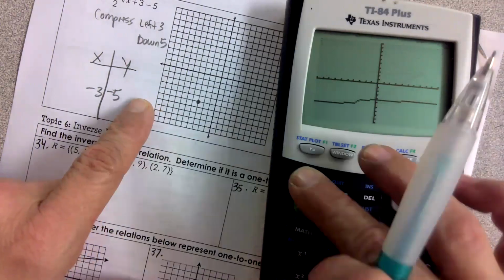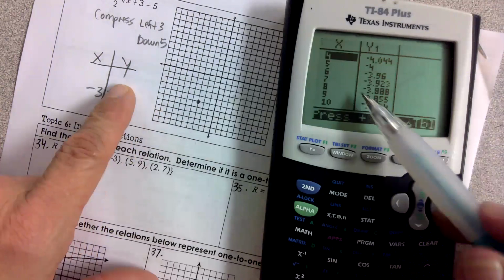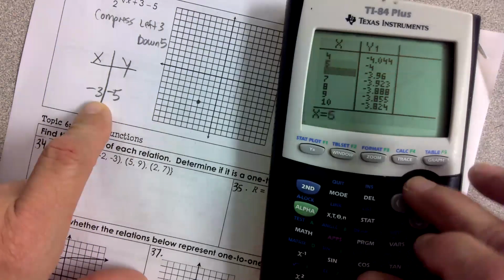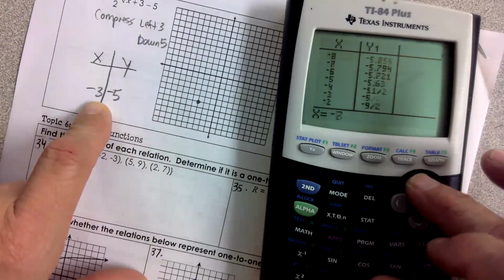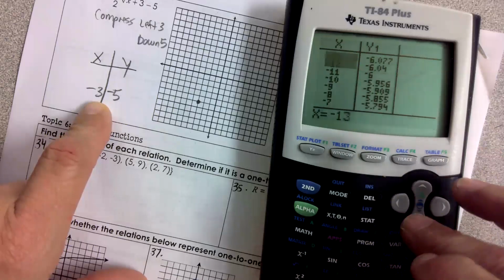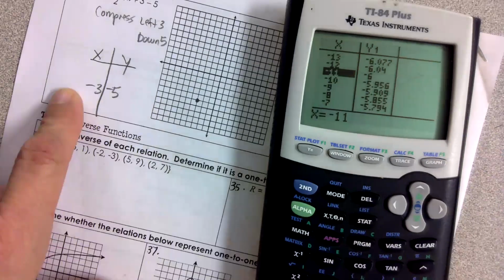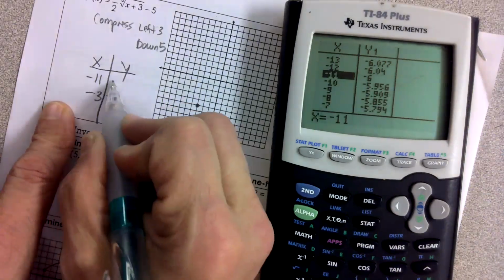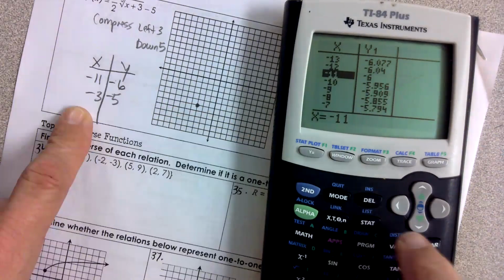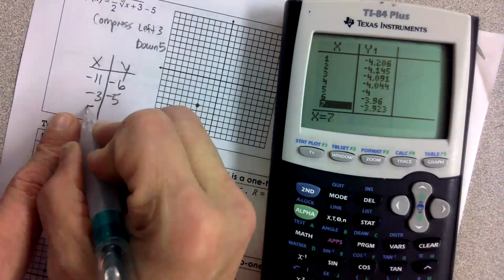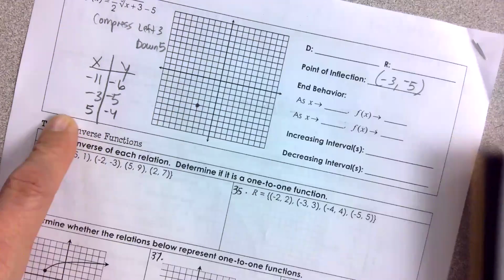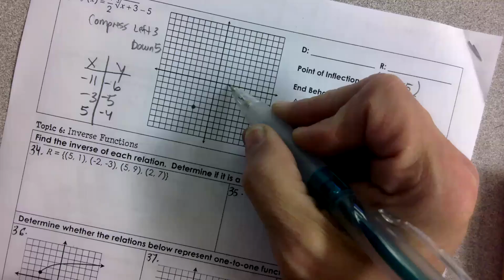All right, and then the table would be -3, -5, and then -11, -6, and then 5, -4. Okay, so 5, -4.